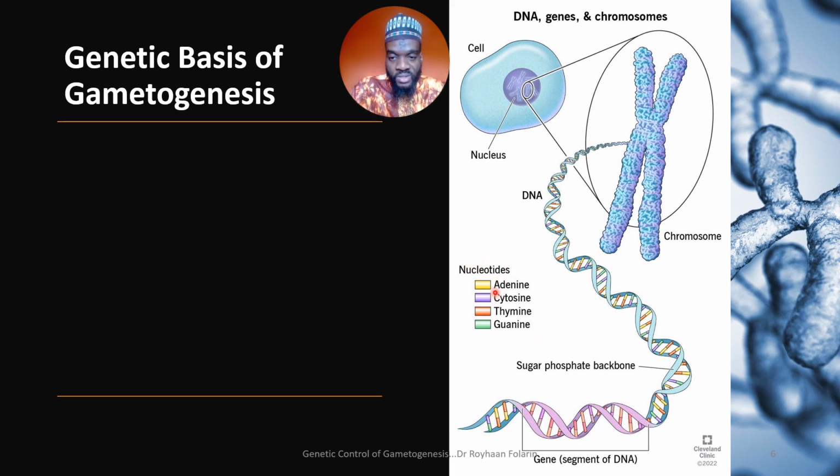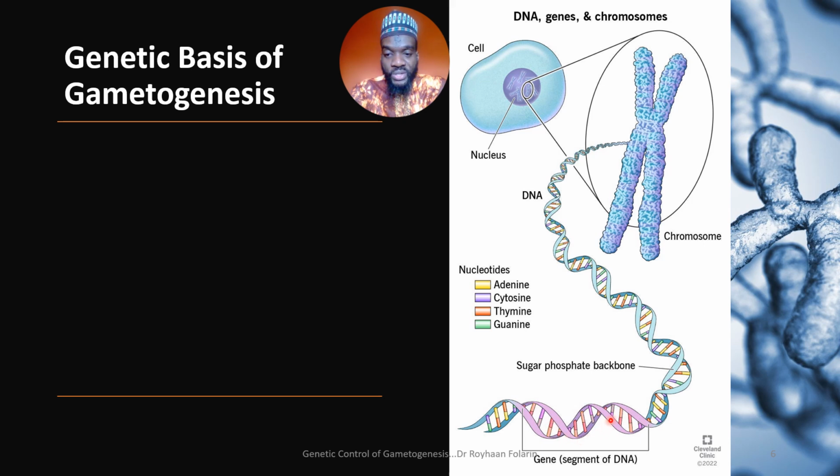Made up of the nucleotides, which has the adenine, the cytosine, the thymine, and the guanine. So the nucleotide is when you take the respective component of the phosphate sugar backbone with it. But these are nucleobases, each of these sites.